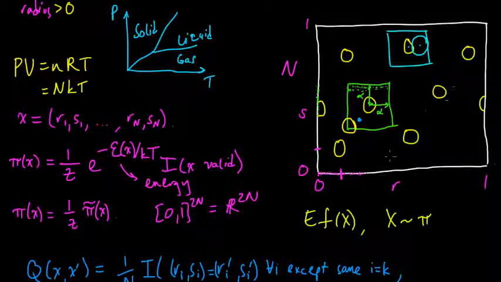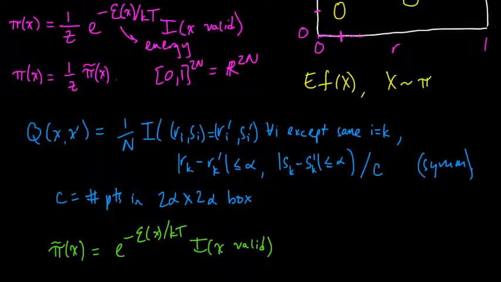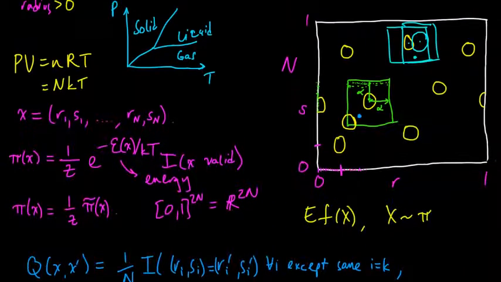And then we do it again. We randomly choose somebody, and maybe we choose him again by some chance. We look at the box around that guy, uniformly choose in the box, and then maybe we reject for whatever reason, and so on. So I think you're getting the picture, and you just do this.